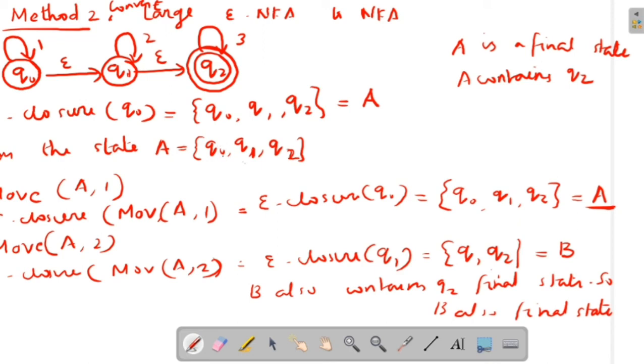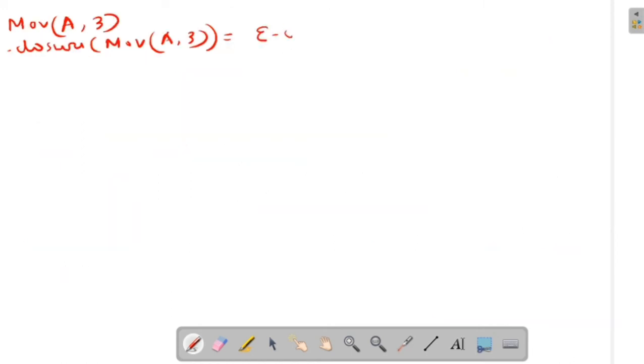From Q0 there is no 3 transition. From Q1 there is no 3 transition. From Q2 there is a 3 transition, and it goes to Q2 itself. So it is epsilon closure of Q2, which is Q2 itself. Rename it as C. C contains a final state, so C is also a final state. Clear?